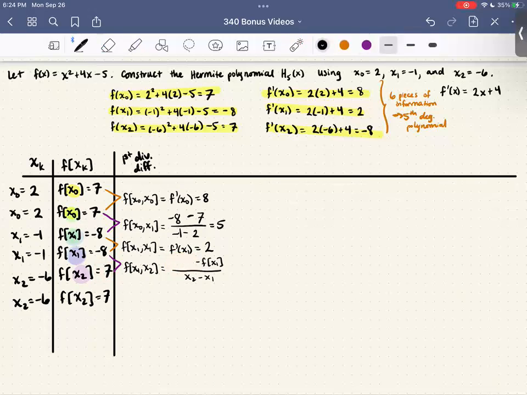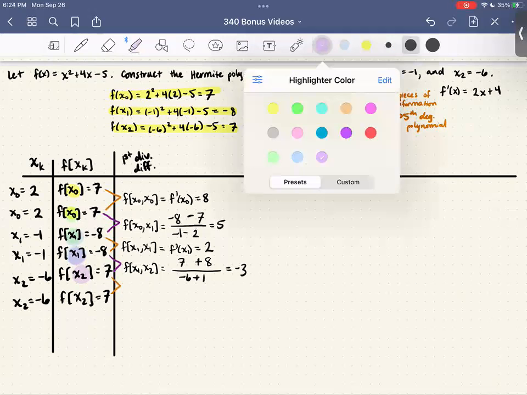Let's replace that with a 7. This term is this -8. I'm going to have minus -8, so plus 8. And then in the denominator, I have x2 minus x1, -6 minus -1, plus 1, and I'll end up with a -3.